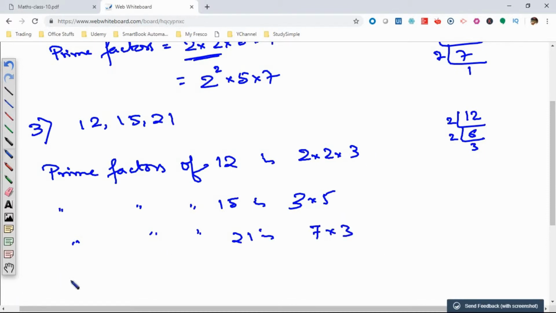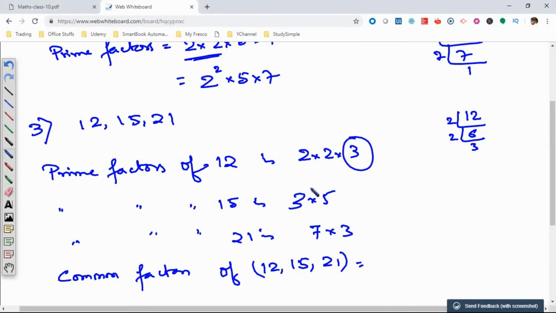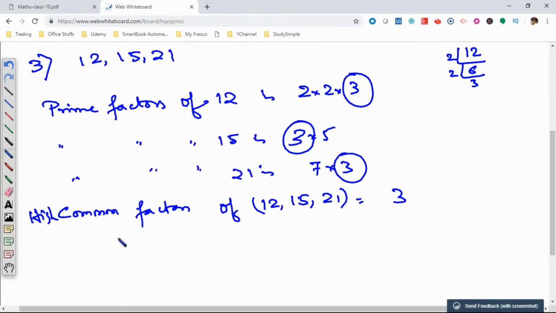Then we need to write the common factors, the numbers present in all three. 3 is the only common factor here, hence this is the highest common factor. And the LCM of these three numbers is 2, 2, and then how many 3s? The highest is one 3 only, so we will take one.